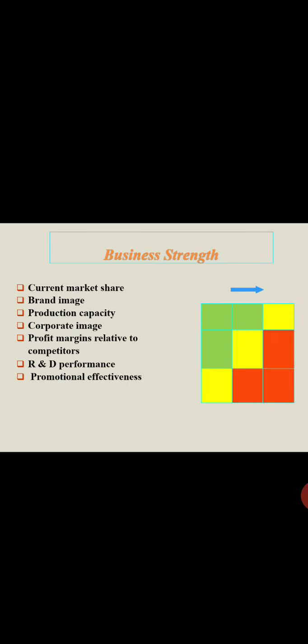If we talk about business unit strength, the parameters go like this: the current market share, the brand image, the production capacity, the corporate image, the profit margins relative to competitors, R&D performance, and promotional effectiveness.